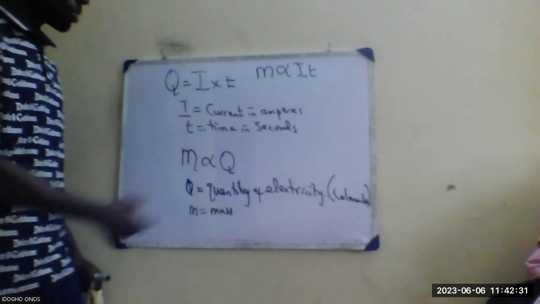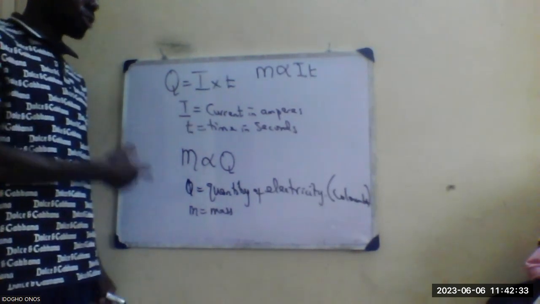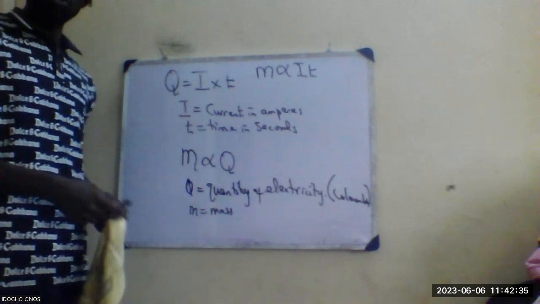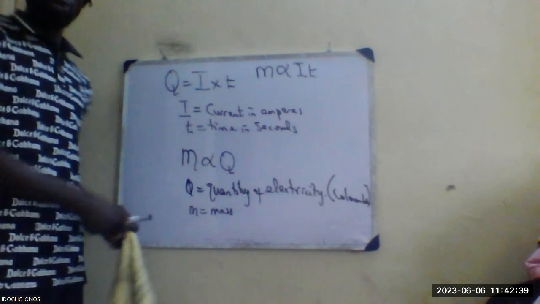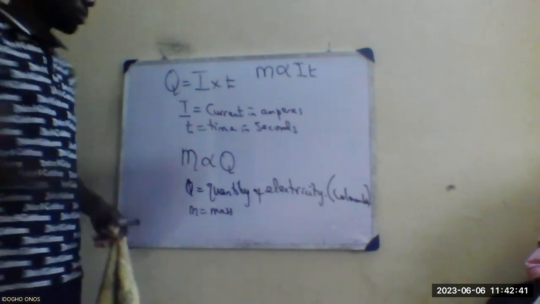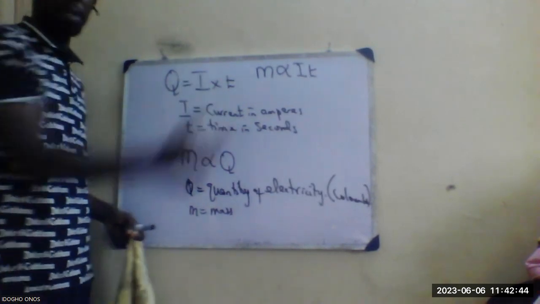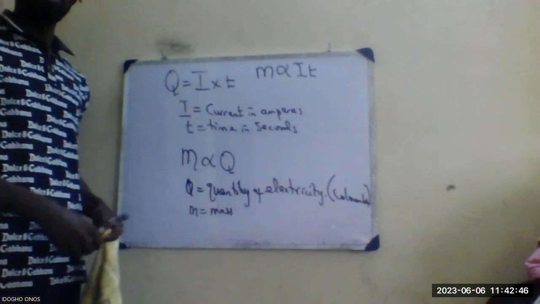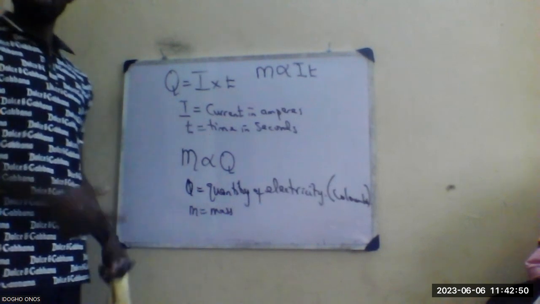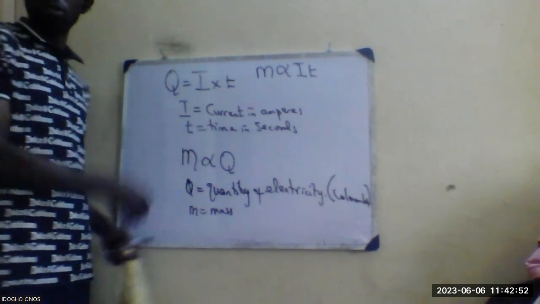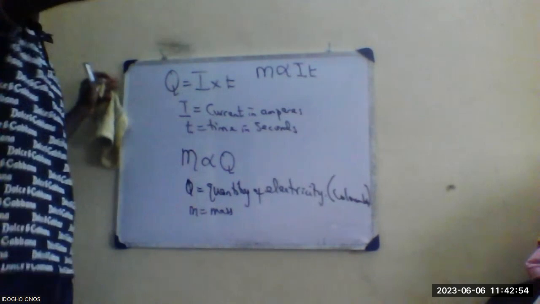So a student who will not pay attention or who is so quick to solve, because some students, I don't know whether they are looking for the first to submit, will just do one quick solving, just go straight and then apply the time in minutes, and then you get the answer. Funny enough, if you solve with your time in minutes, you will see the option there. If you solve in seconds, you will also see the answer there.